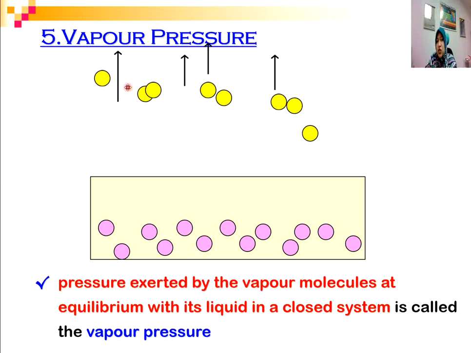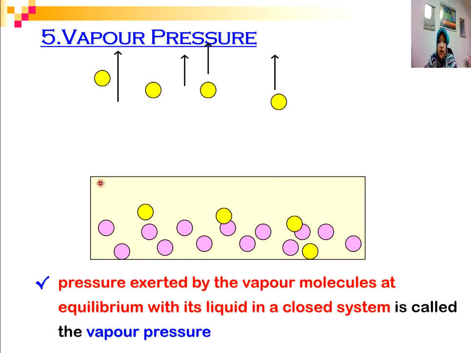During the collision, some of them might lose their kinetic energy, so they will not be able to remain as a gas, and they will come back, be trapped, and turn back into liquid particles. What happens when they turn into gas is vaporization, so when they return and turn back to liquid, they undergo condensation.